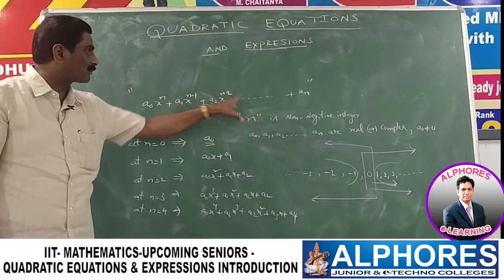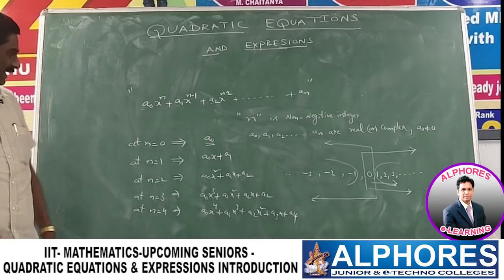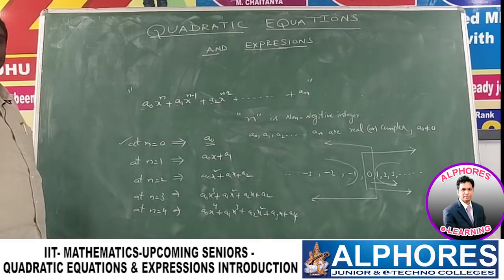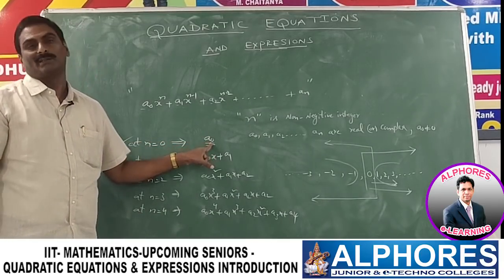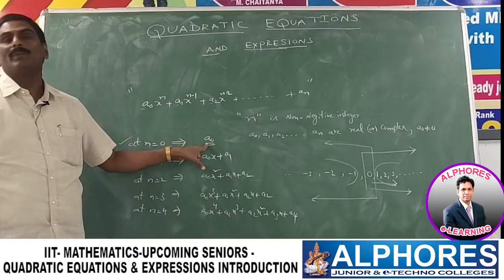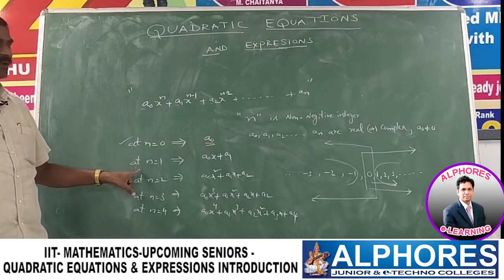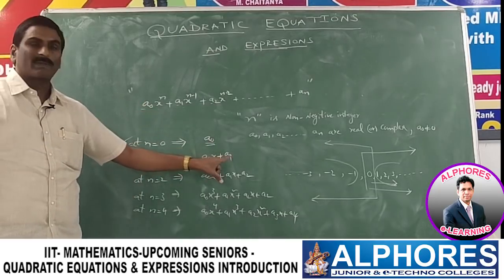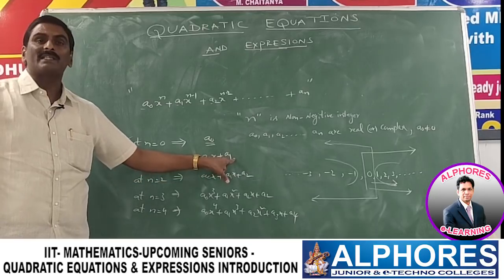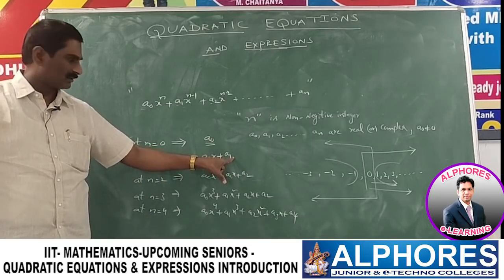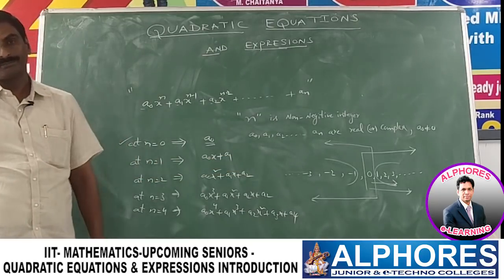Highest power of this polynomial is n, so it is said to be nth degree polynomial. At n is equal to 0, the degree of the polynomial is 0 and we get a constant term, so it is said to be a constant polynomial. At n is equal to 1, it can be reduced into a0x plus a1. The degree of this polynomial is 1, so it is said to be linear polynomial.